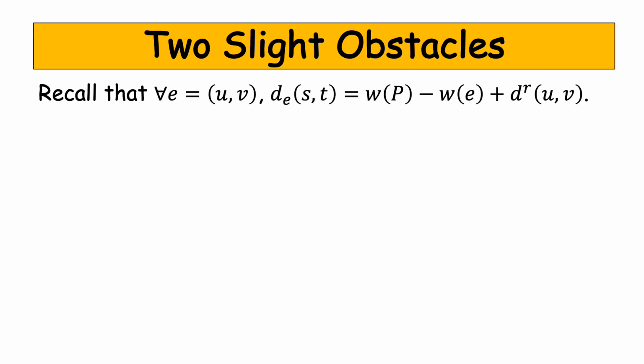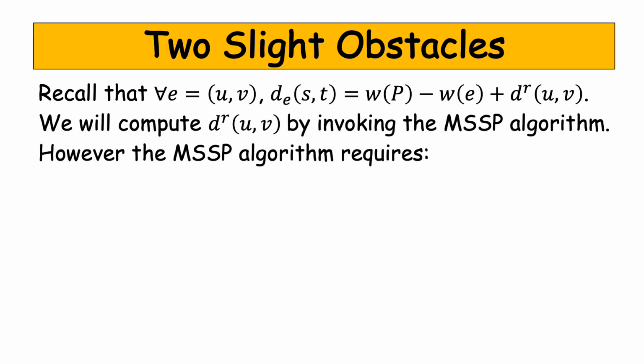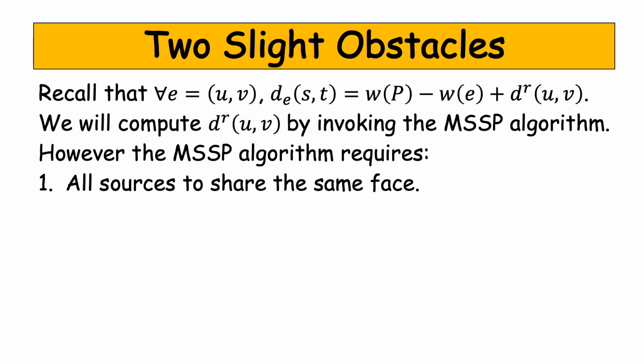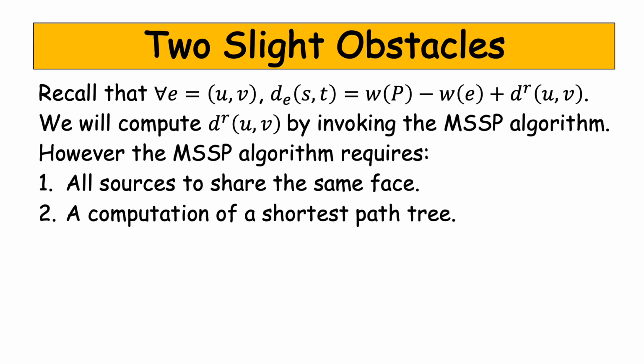Okay, so recall that for any edge e equals uv, we can compute the distance from s to t in the graph G minus e with one computation of distance from u to v in the graph GR. So the idea is that we will compute the distance from u to v in the graph GR by invoking the MSSP algorithm. However, we have two slight obstacles because the MSSP algorithm requires all sources to share the same face and the computation of a shortest path tree.